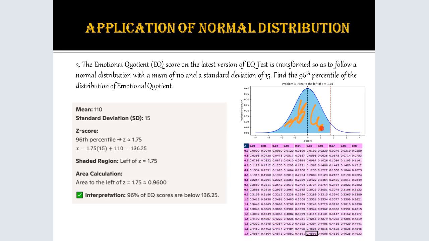So, kung kukunin natin yung x, x is equal to z-score times s, then plus the mean. Kaya, ito yung ating nakuha. So, 96% of EQ scores are below 136.25.